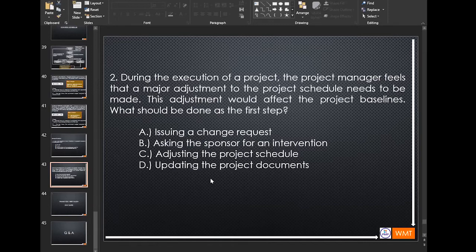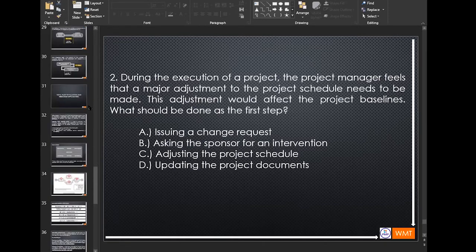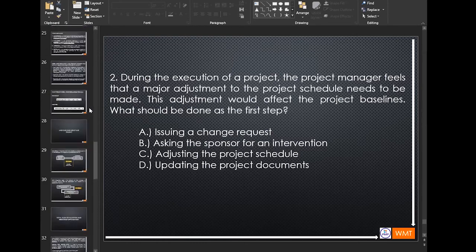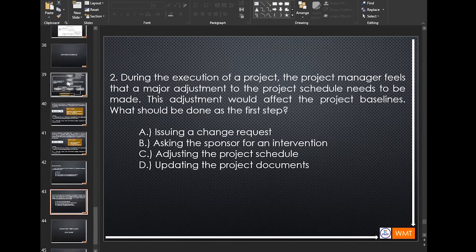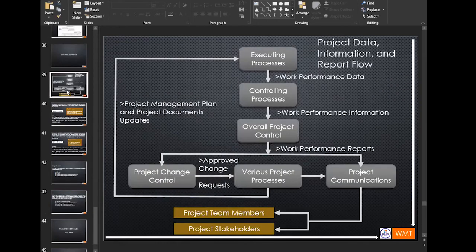Every baseline must need a change request. So it will go to the project control, project change control. I forgot the term.